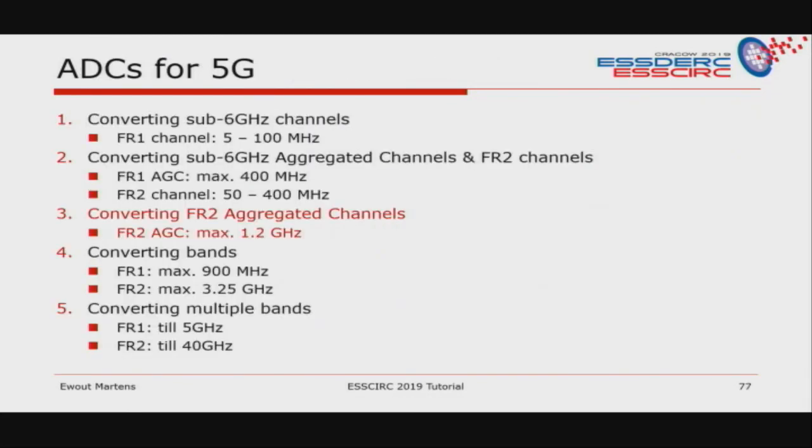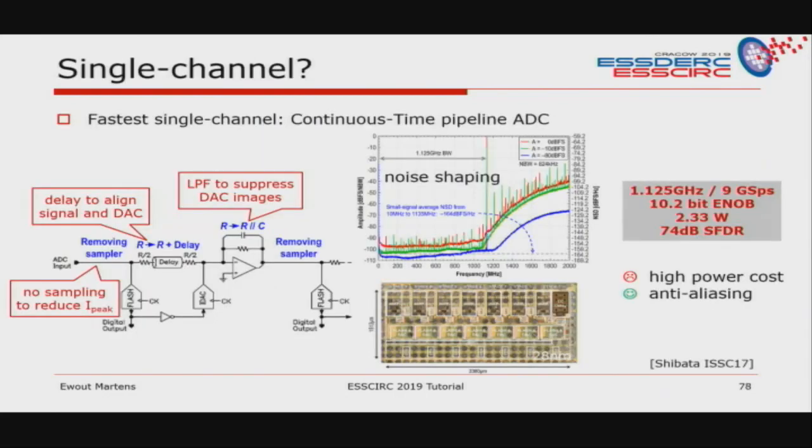Let's go further in speed. If you want to convert aggregated channels from the second frequency range with a maximum up to 1.2 gigahertz, well, if you want to do that with a pipeline ADC, it will become difficult. A few years ago, people proposed a continuous time pipeline ADC, which is an interesting approach. So you basically don't sample anymore.